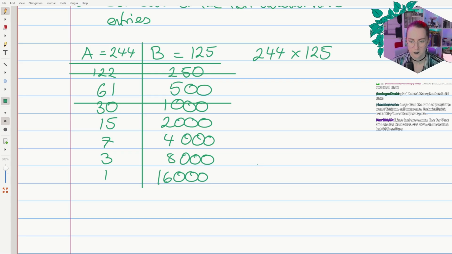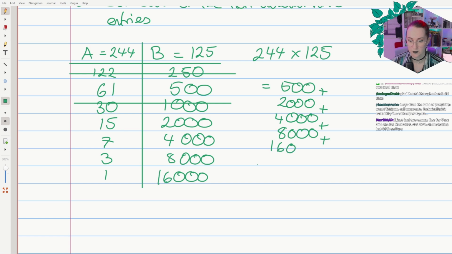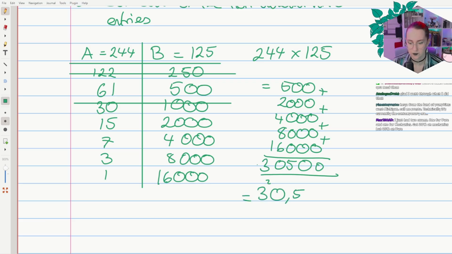So this equation, 244 times 125, is equal to 500, add 2,000, add 4,000, add 8,000. This is a big number, add 16,000, which is, oh god, 0, 0, 5, 10, 10. So it equals 30,500.